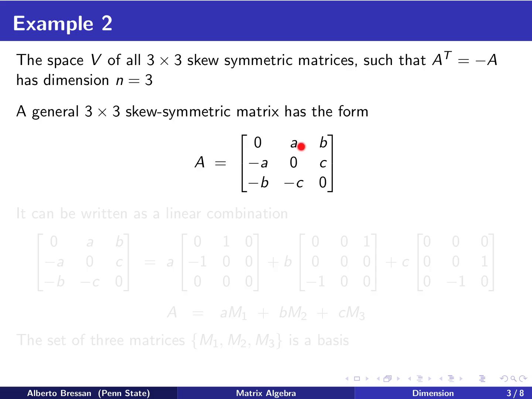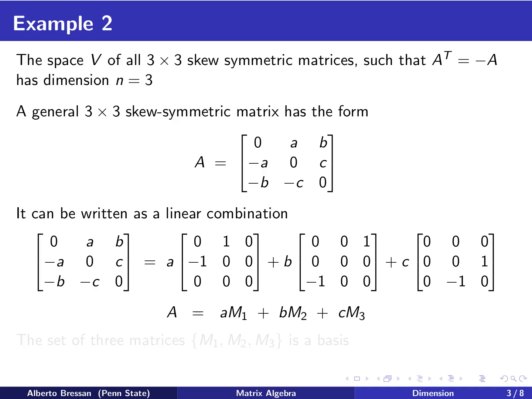Say, if we denote this coefficient as a, then this one here will be negative a. And then if this is b, then the symmetric position here will be negative b. And finally, if this is a c, then this position must have negative c. So we see that we have now again 3 coefficients to represent the general form of this 3 by 3 skew symmetric matrix.